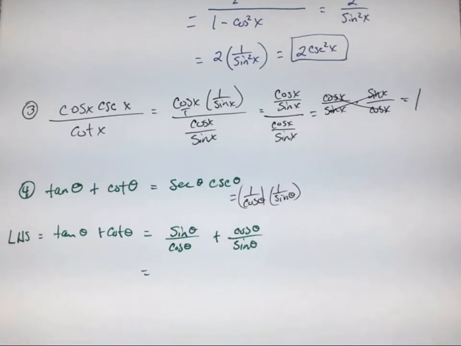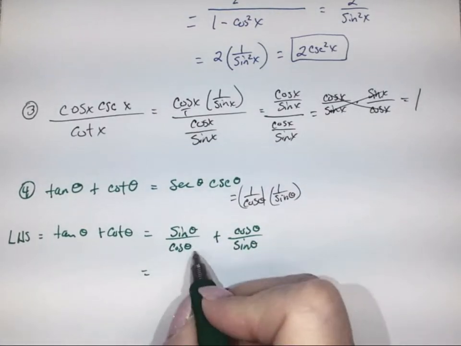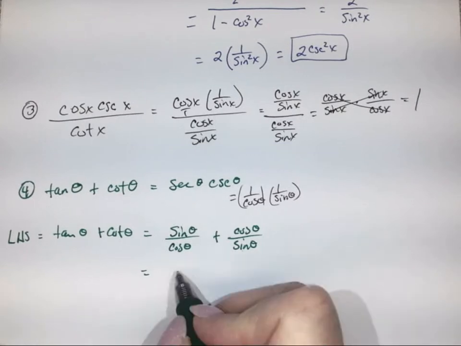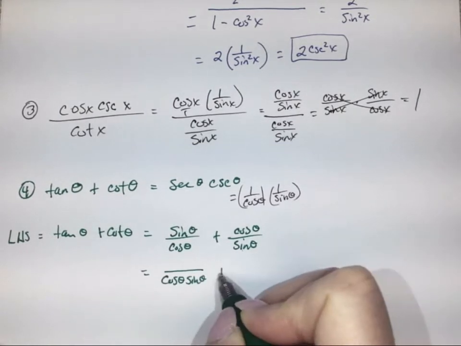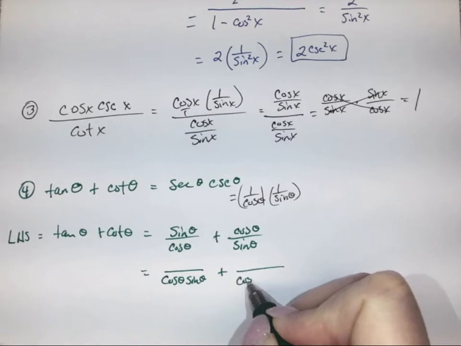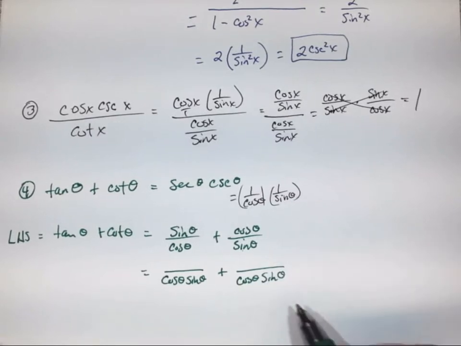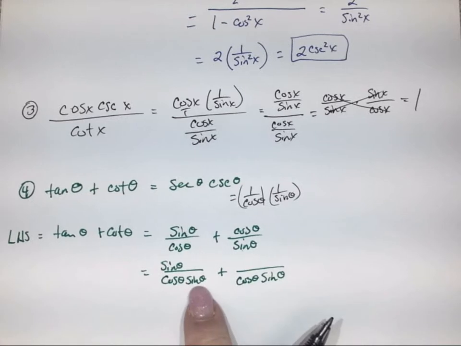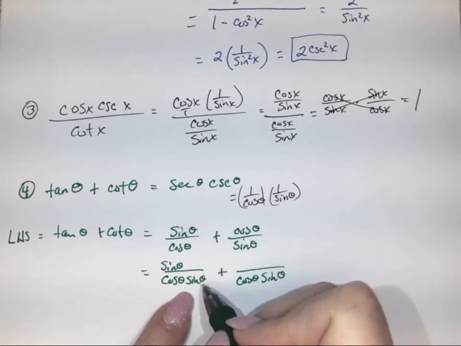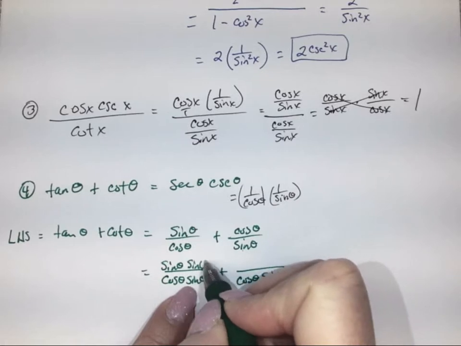Well, we have a fraction. We need a common denominator. Our common denominator will be cosine theta times sine theta. All right, so on the top we had a sine theta, and on the bottom we multiplied by sine theta to get there, so I have to multiply on the top as well.